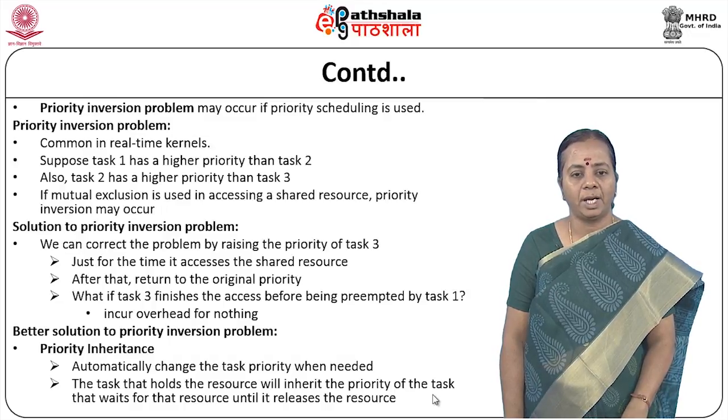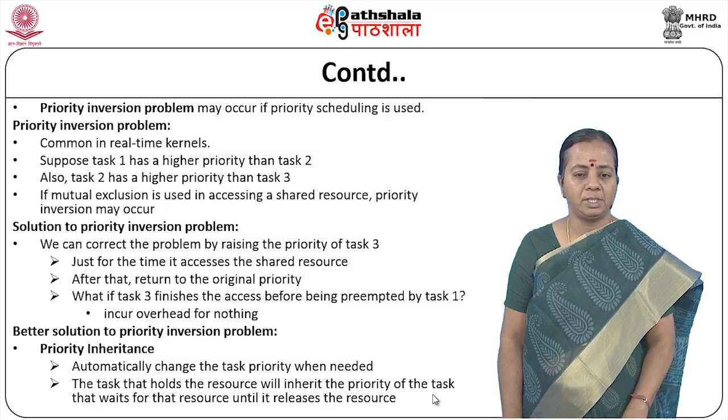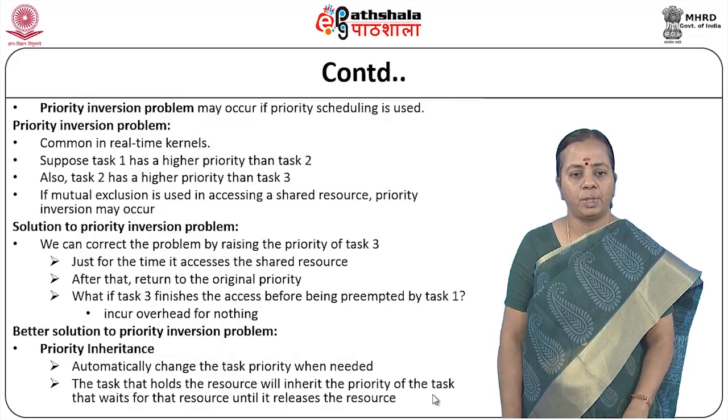One is we can correct the problem by raising the priority of the lowest, I mean task 3. Task 3 has a lower priority but it holds the resource. So when task 3 is executing with a particular resource, we make that task have the highest priority, just for the time it accesses the shared resource.